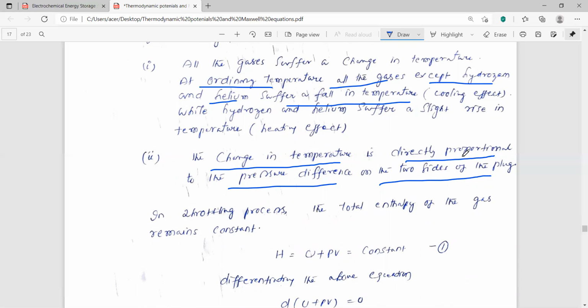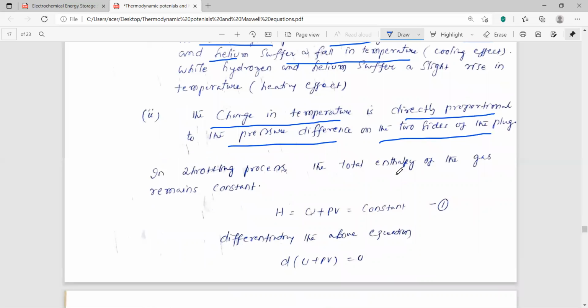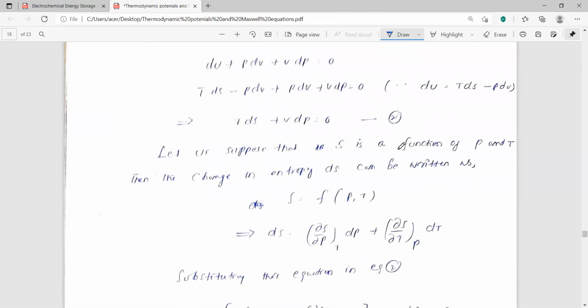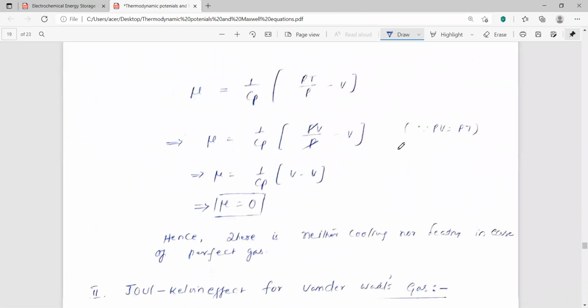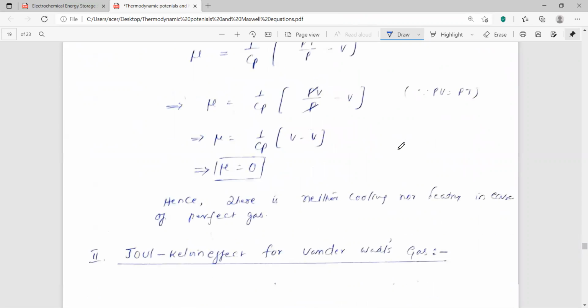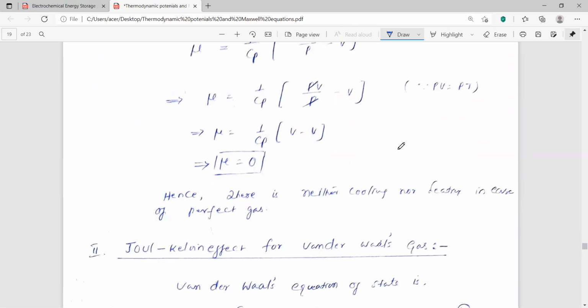The change in temperature is directly proportional to the pressure difference between the high pressure region and the low pressure region in the throttling process. Now we are going to find out the coefficient of the throttling process.